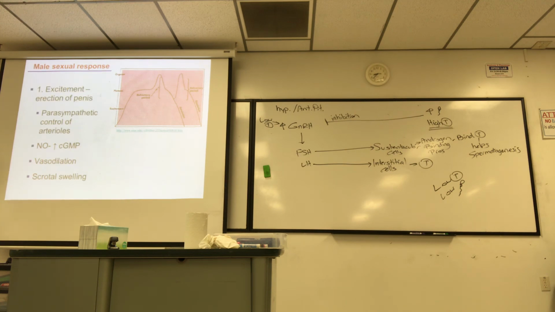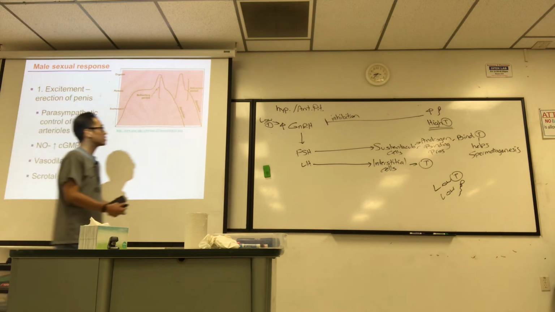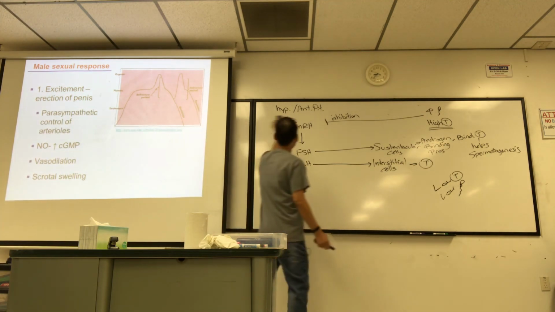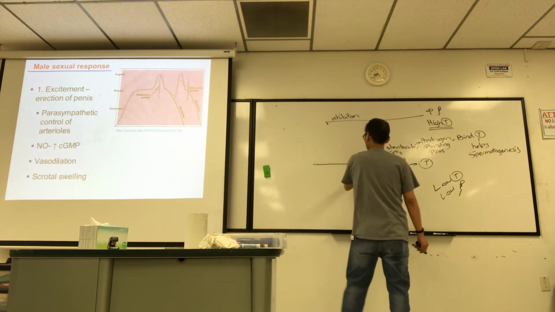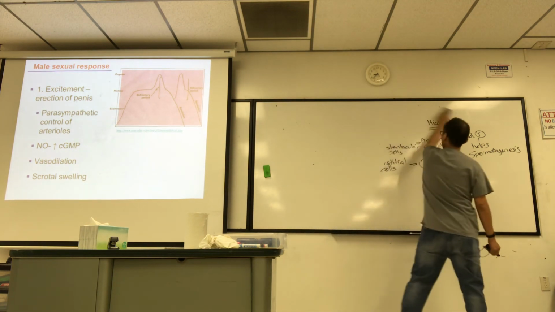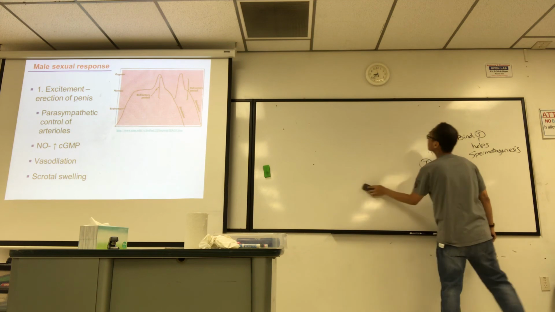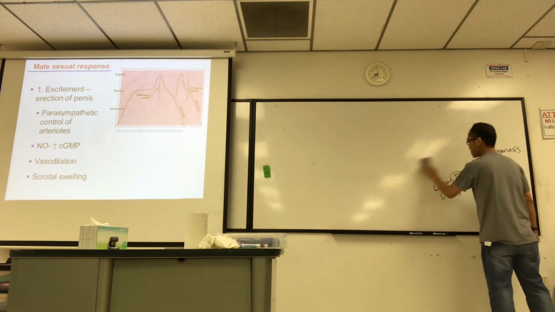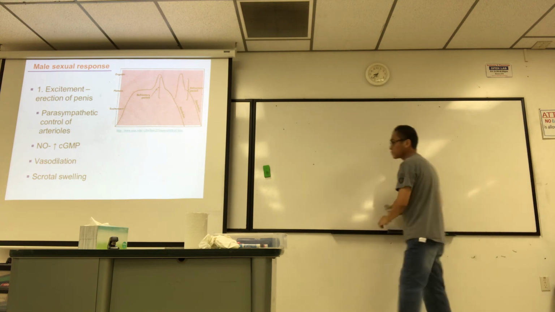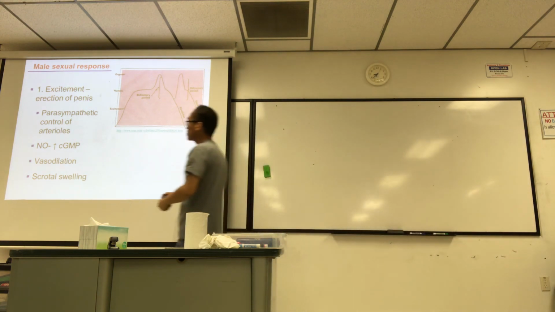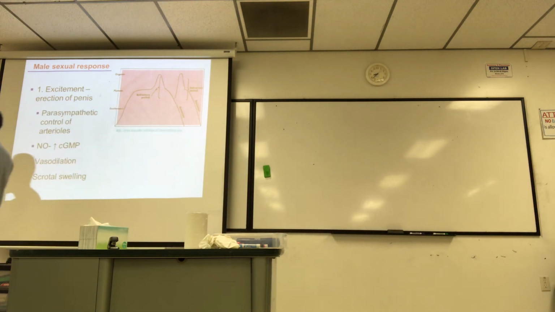So in terms of the physiology, I'll just stick to what I have on the slides there. I don't think I need to add any board notes to this, because we kind of talked about it before.